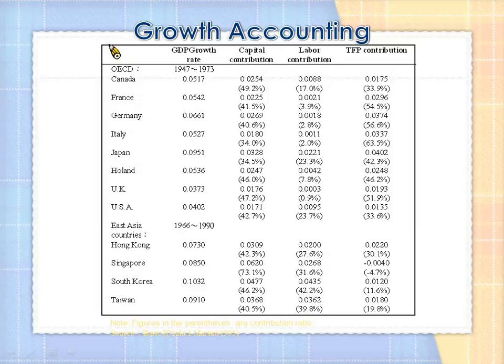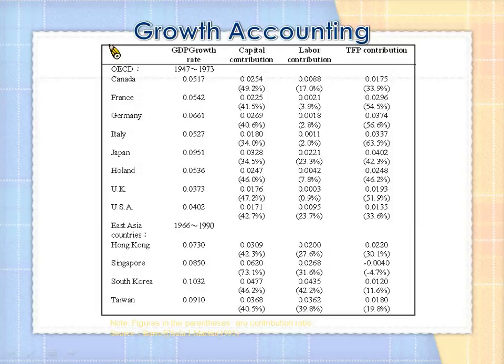You can calculate the contribution by capital, the contribution by labor, and then you get a residual by subtracting these two from the output growth, and then you get the contribution of TFP, total factor productivity. Total factor productivity is the productivity measure for the whole economy.